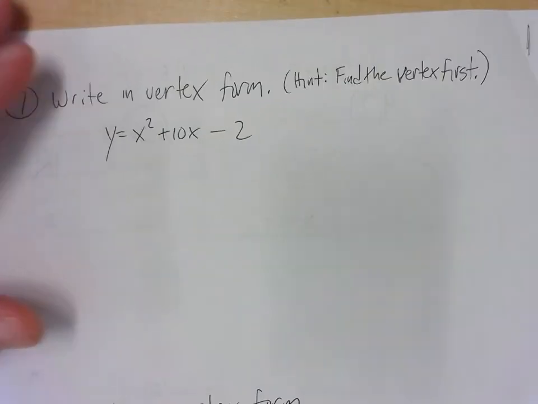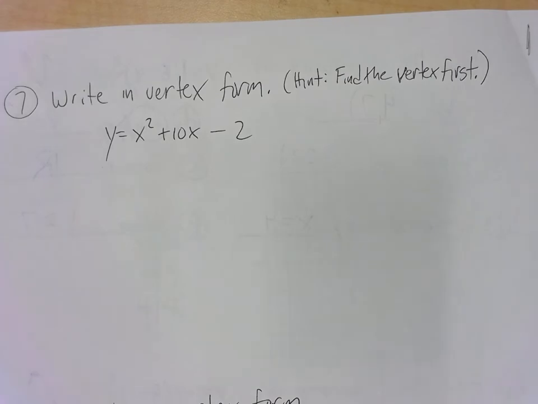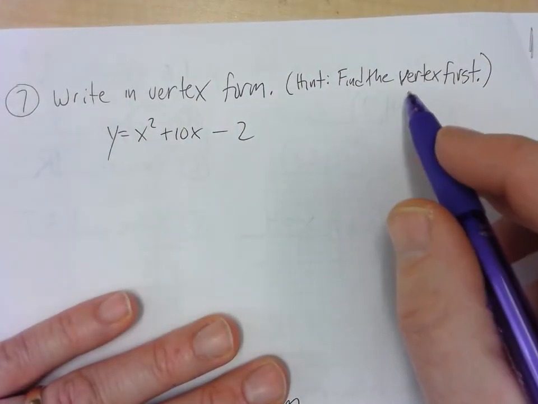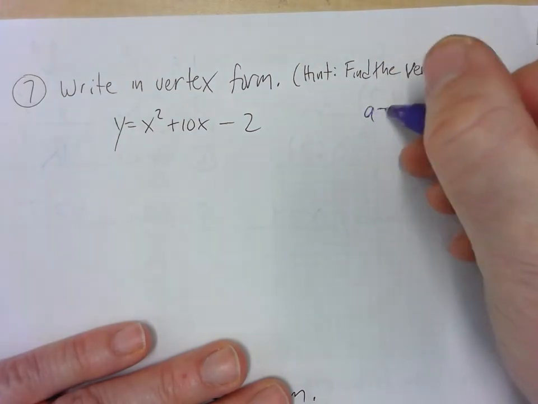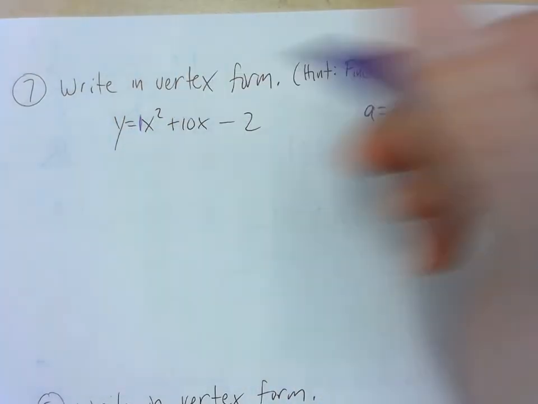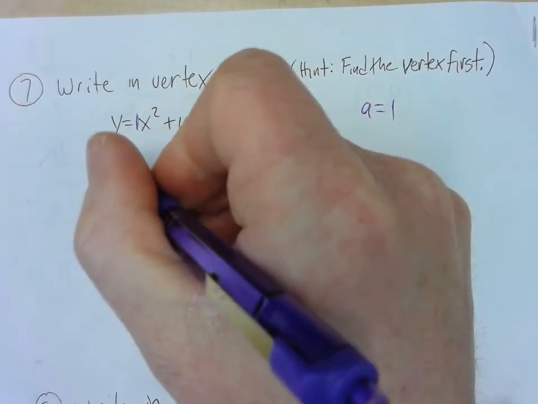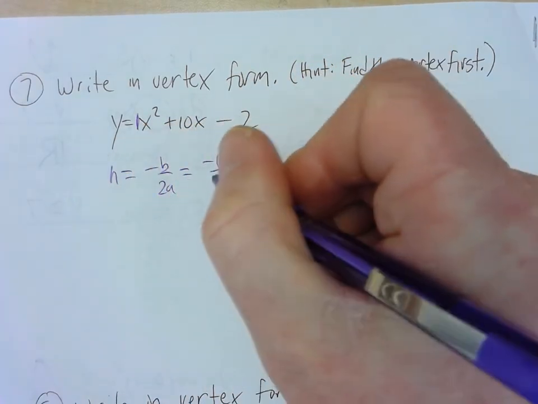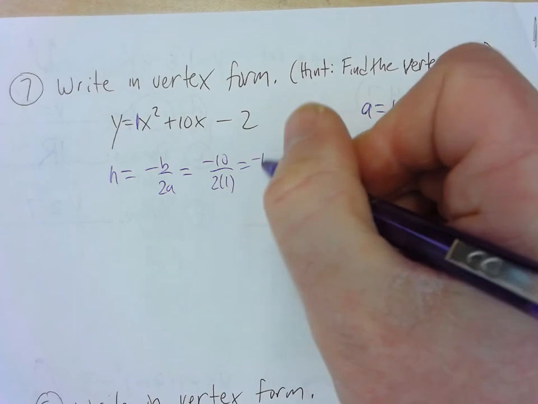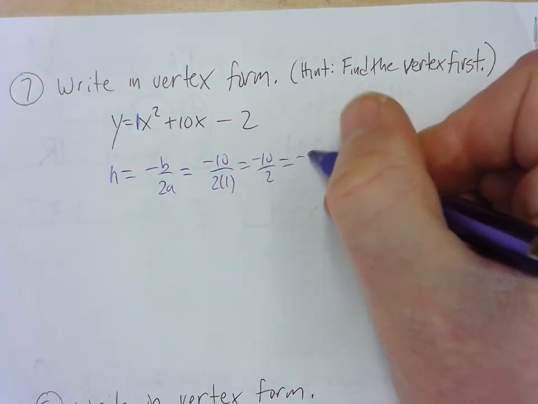Okay, we're going to write this in vertex form. So to write in vertex form, it says hint, find the vertex first. So I have a is 1, so there's a 1 there. And the h coordinate is negative b over 2a, so it's going to be negative 10 over 2 times 1. Negative 10 over 2, which is negative 5.